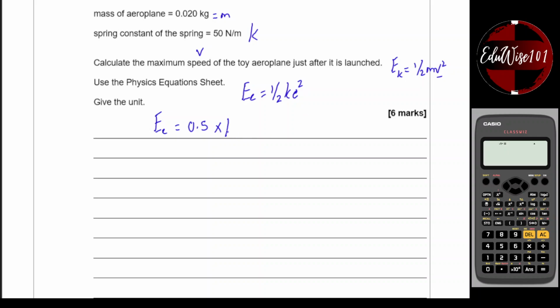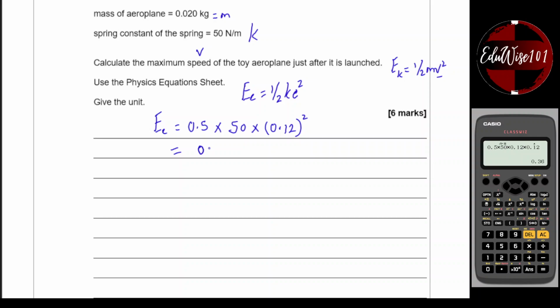So from that equation, I can write down half times the spring constant, which is 50, multiplied by 0.12 squared. So 0.5 times 50 times 0.12 times 0.12, because it's a square, and that gives me 0.36 joules.